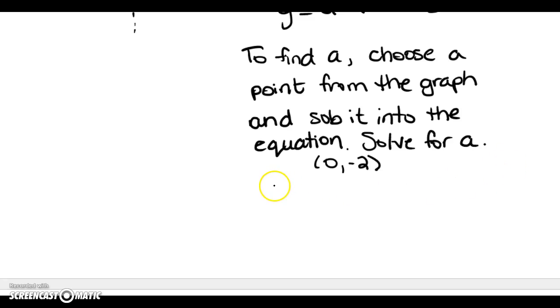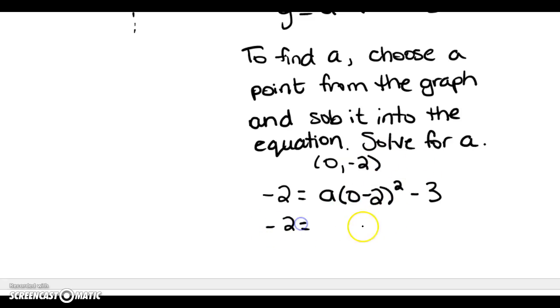We had y is equal to, so that'd be -2 is equal to a times (x minus 2), so it'll be (0 minus 2) squared, and then subtract 3. Using BEDMAS, let's first simplify our brackets here. So we have -2 is equal to a times (-2) squared minus 3.